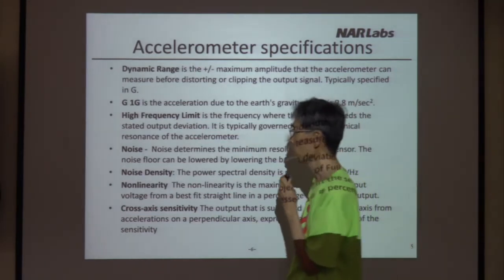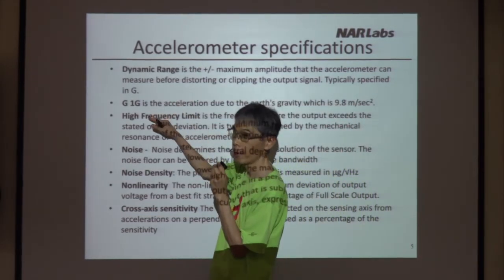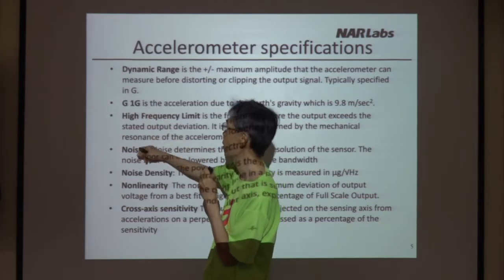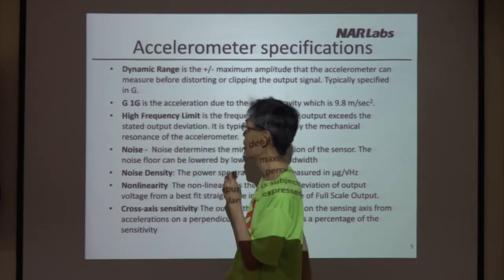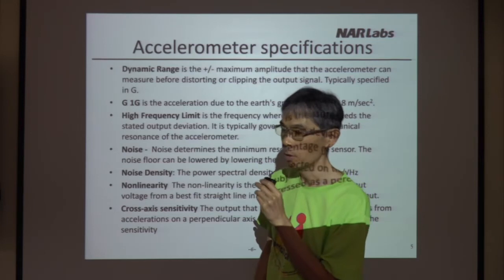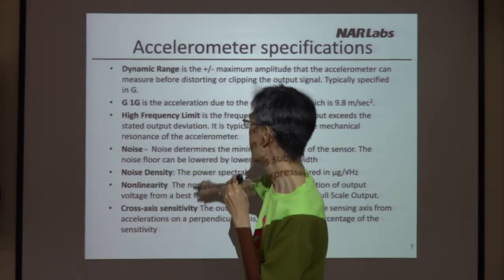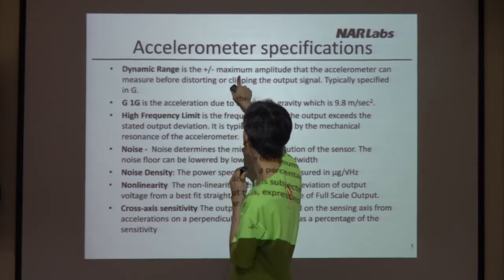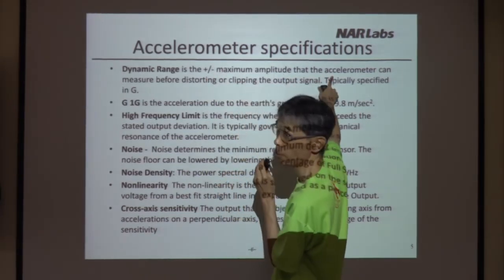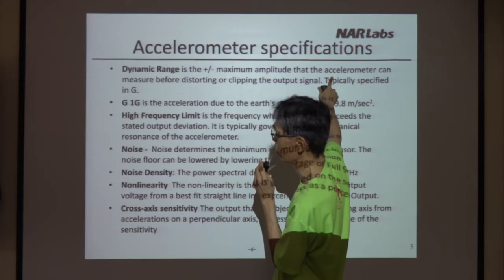Usually, this is the spec for an accelerometer. Dynamic range: for the acceleration, we have maximum value and minimum value. So this is the range, the maximum amplitude the accelerometer can measure.